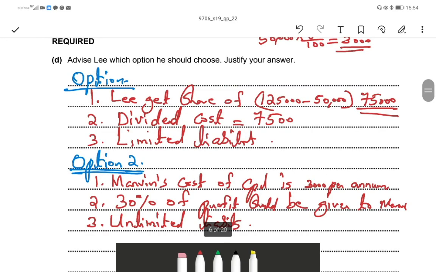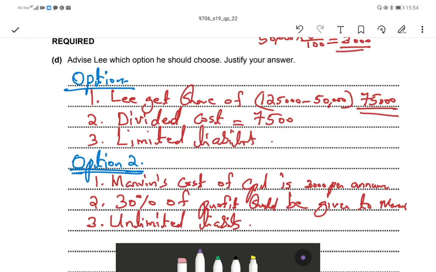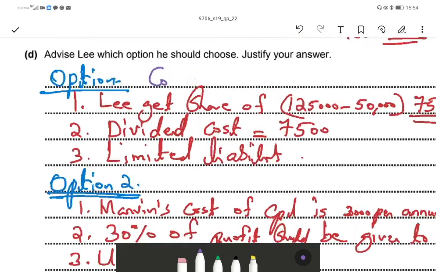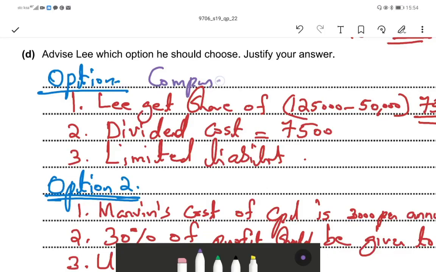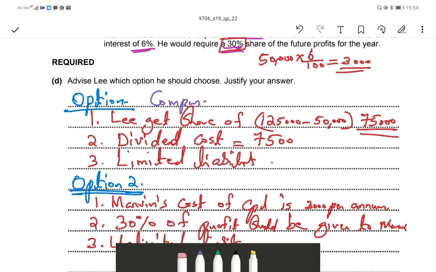Option 1, a limited liability company, is better because of limited liability, the dividend cost is only 7,500, and Lee will get 75,000 shares while Marvin gets only 50,000.